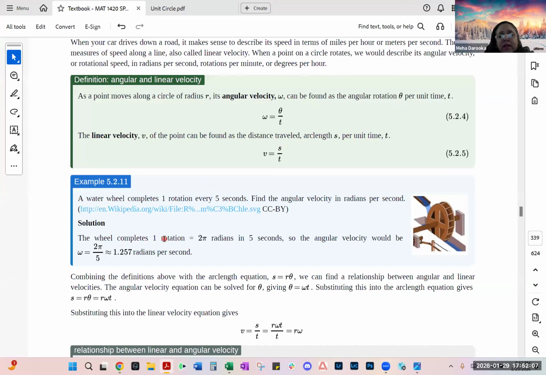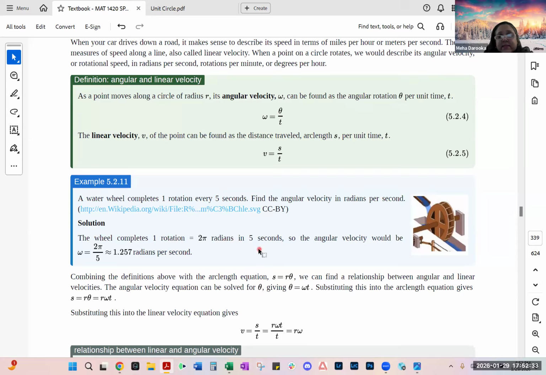Since we are finding the angular velocity, we're looking at this formula here. If we are talking about one rotation, keep in mind we're working with radians, so that one rotation is going to be a full circle, so 2 pi will be the angle measurement. Your theta will come out to be 2 pi in radians.